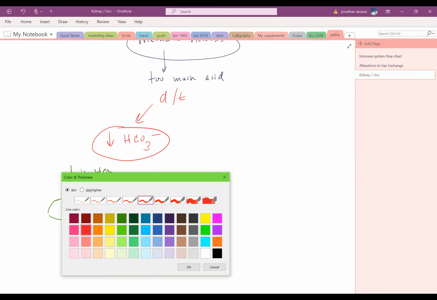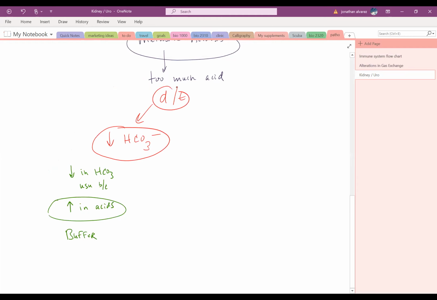Okay, so other things it could be due to kidney dysfunction. Okay, so due to kidney dysfunction, of course, there's a million things that can happen to the kidney to create dysfunction.